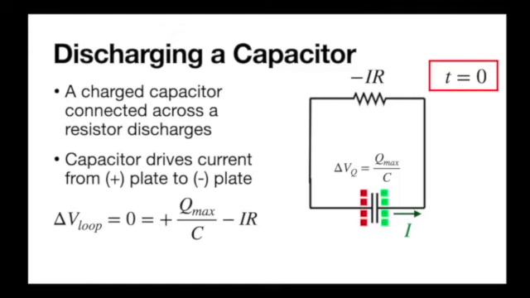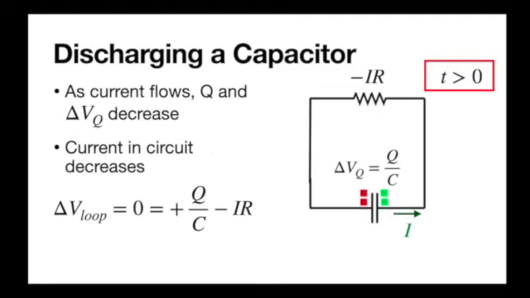And again, intuitively that just means the capacitor isn't pushing as hard, the charges aren't flying off of it as hard, so there's less current and a smaller voltage drop across the resistor. So we can see that as time increases, charge starts to even out.